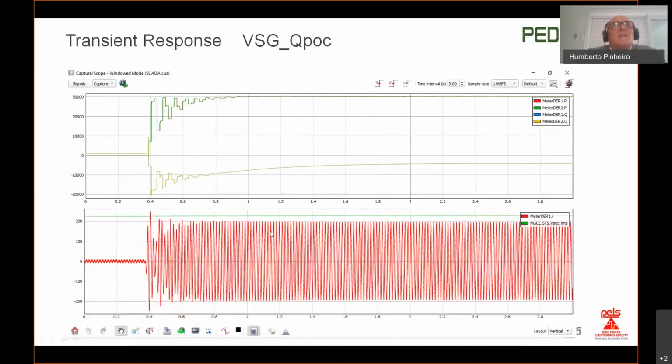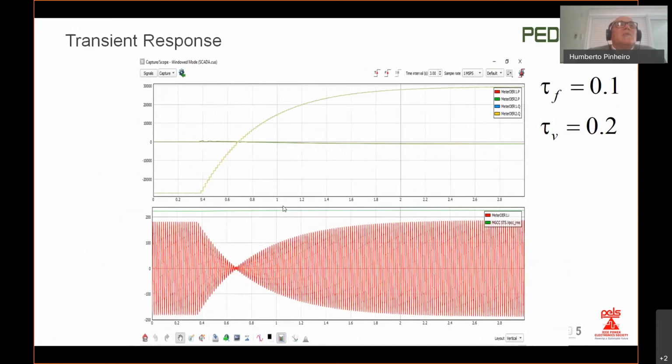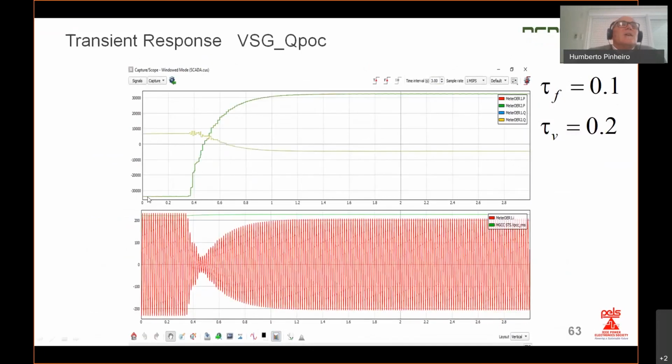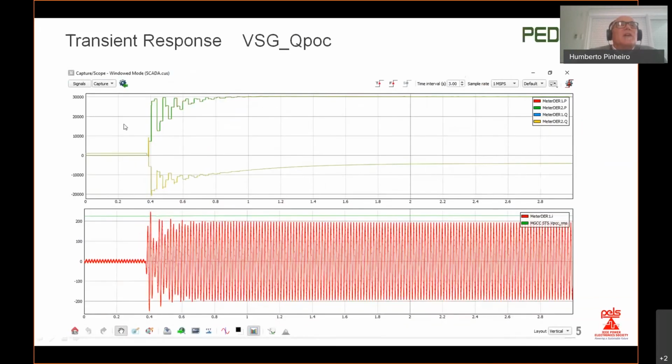Okay, it is interesting to note here that we set a reference from -1 pu to 1 pu, and then we have this response according to the time constant that we have set. However, when there is a frequency change in the grid, it does not respond exactly as the time constant that we have set, but it also has another mode that appears here in the output.